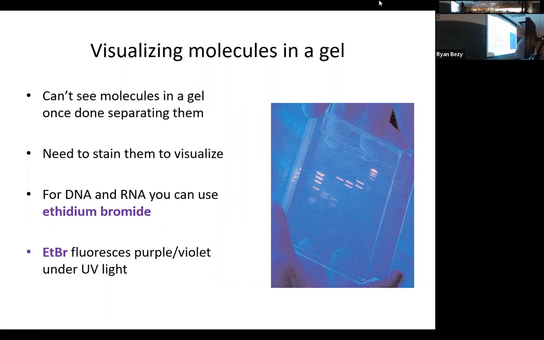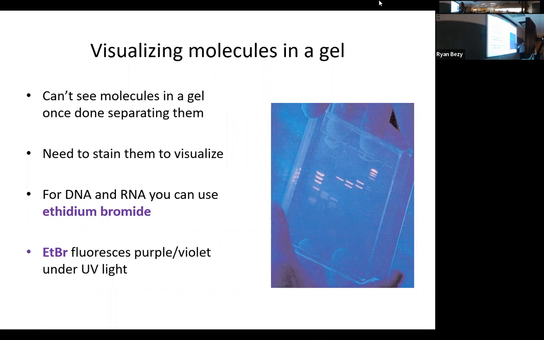Ethidium bromide is a chemical that binds DNA. And it also fluoresces under UV light. So what you're seeing here on the gel is not the DNA directly. You're seeing ethidium bromide bound to my DNA fragments.